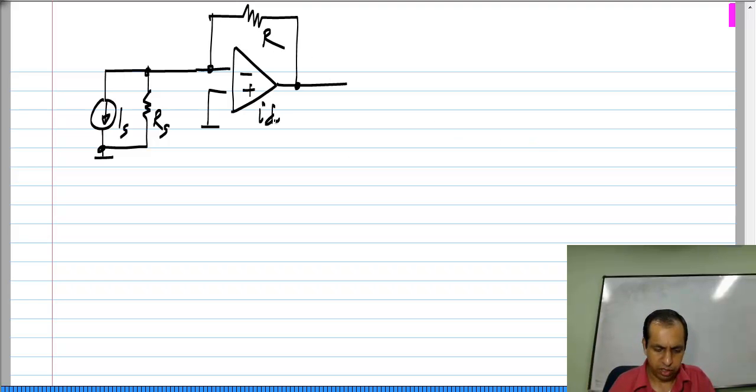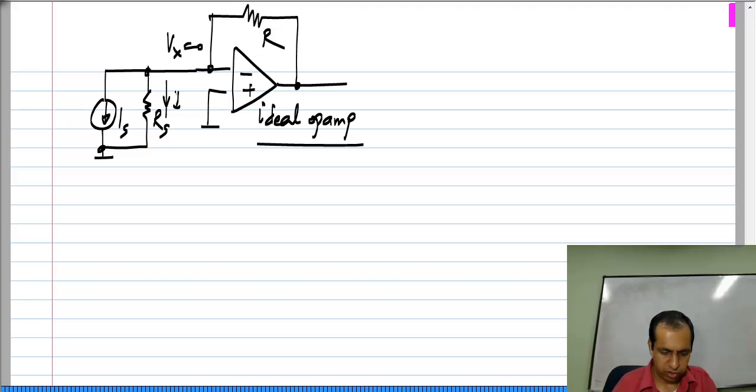Again, I am considering an ideal op amp here. This is a negative feedback, as you can verify for yourselves. Now, this V x here is 0, which means that this R s, no current flows through it. Okay. And if no current flows through it, I could remove it and it makes no difference to my circuit. Okay.